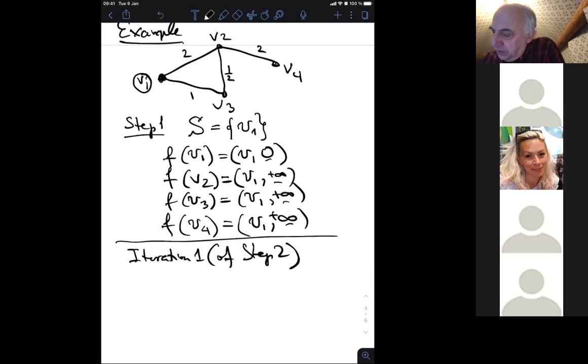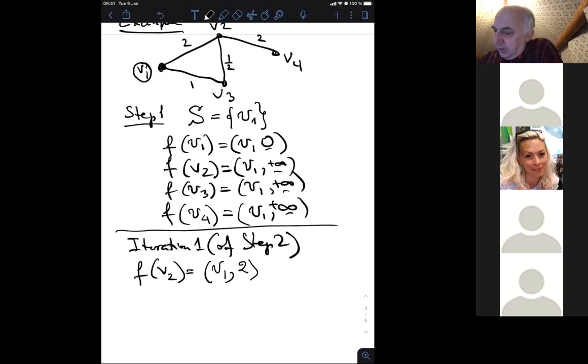So what should I do with V2? If I look at V2, now my label would be, I can connect V2 with V1 by an edge of weight 1, yes? So I'm writing V1 here, and instead of plus infinity, I'll be writing 2. Okay. Now, what about V3?